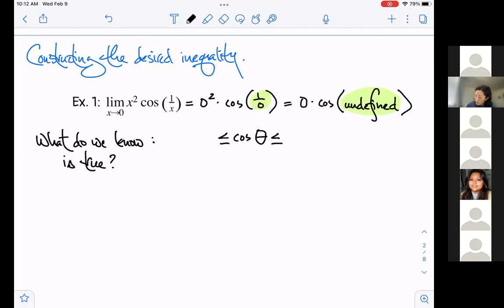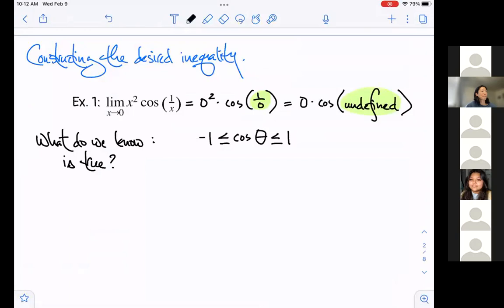All right, I buy it. Cosine can be as big as 1. Yes, but it can actually be as small as negative 1.